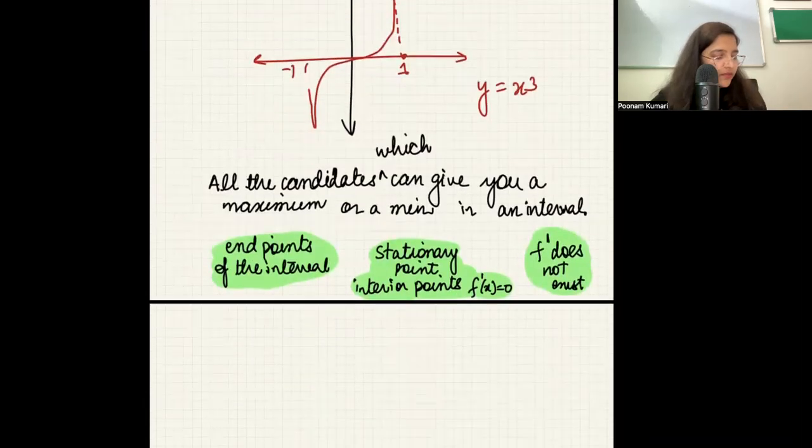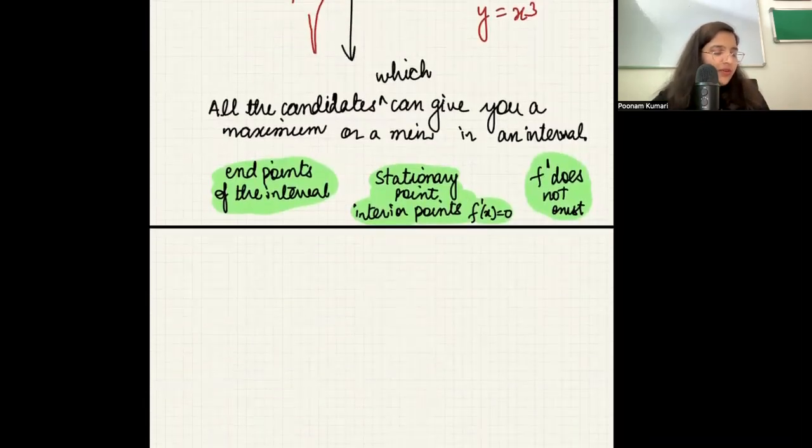But in economics, or in the general discussions that we have, we usually talk about the candidates or the functions which are differentiable. So we will not talk about this in our discussion. Okay? So let's try to restrict our discussion to the functions which are differentiable in any particular interval, right?